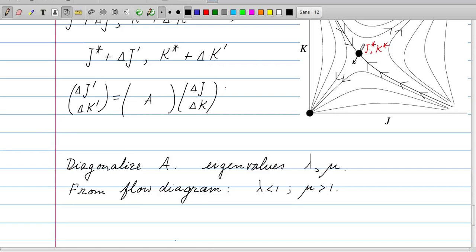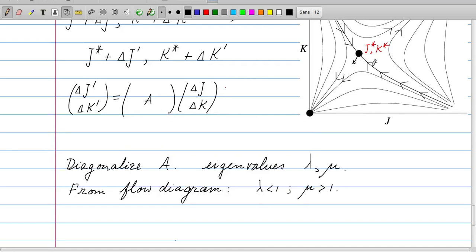It's the same if I look at minus that eigenvector. Of course it will have the same eigenvalue, and it will move in that direction, so mu is larger than 1. On the other hand, there is a direction along the fixed line, and we see that points on the fixed line move back towards the fixed point, which means that the delta J primed, delta K primed are smaller than before, and so they correspond to an eigenvalue lambda which is smaller than 1.